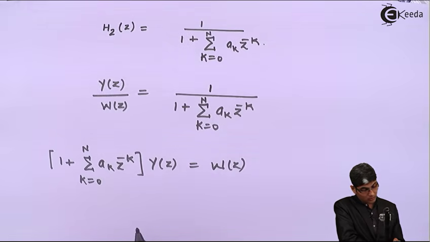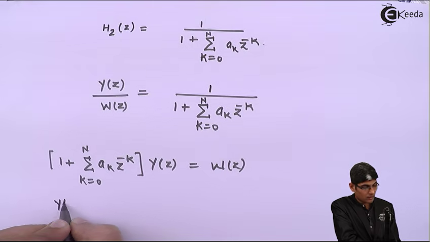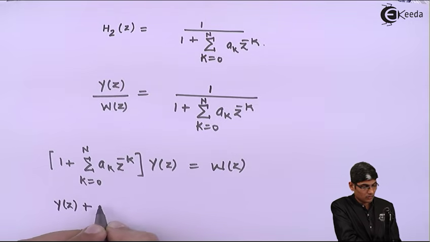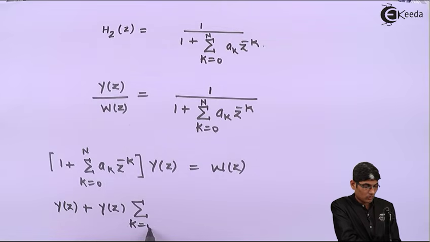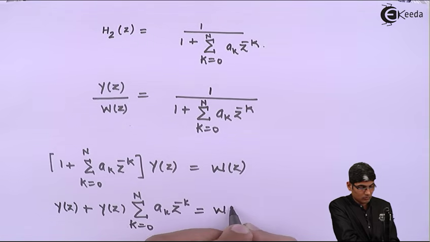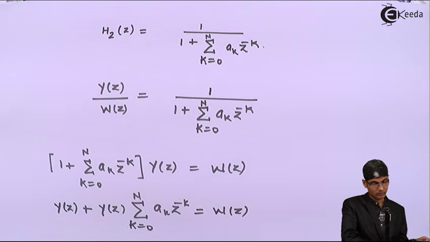Right. Now if I multiply y of z inside, I am going to get y of z plus y of z into summation k is equal to 0 to n ak z raised to minus k, which is equal to w of z, right.